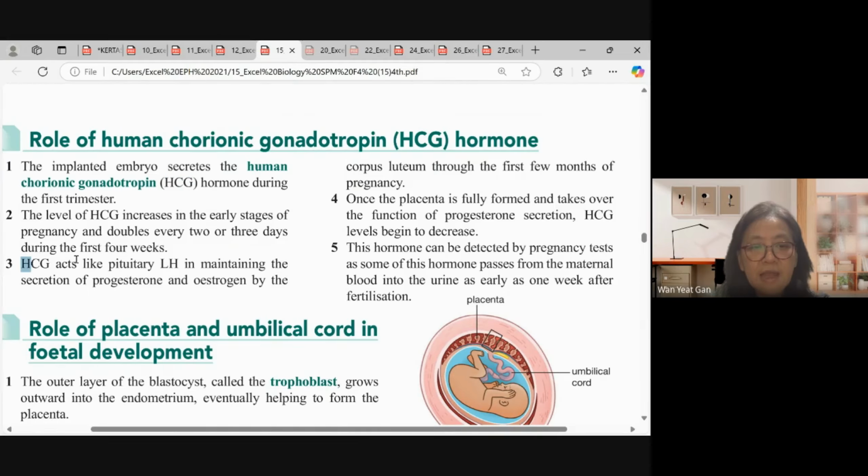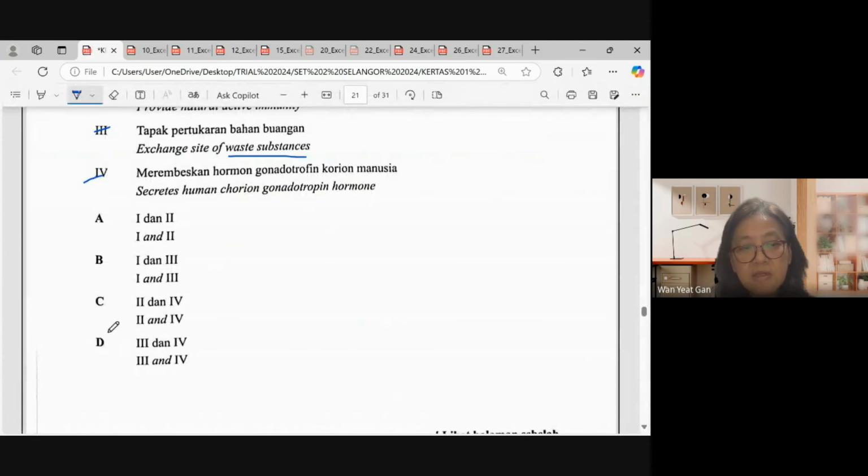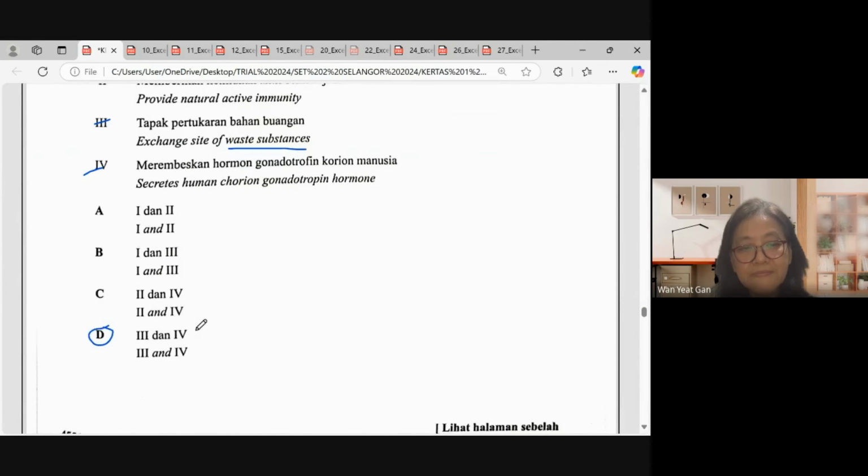HCG acts like the pituitary gland's LH in maintaining the secretion of progesterone and estrogen by the corpus luteum towards the beginning of the formation of the placenta, to maintain the uterine lining wall. So it secretes progesterone and estrogen. So the answer is D.